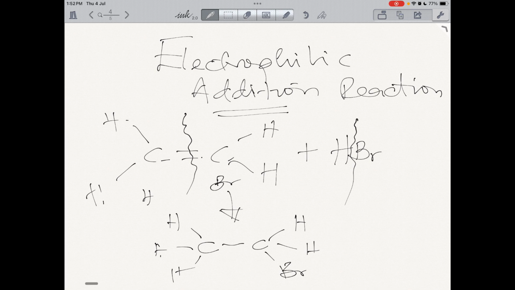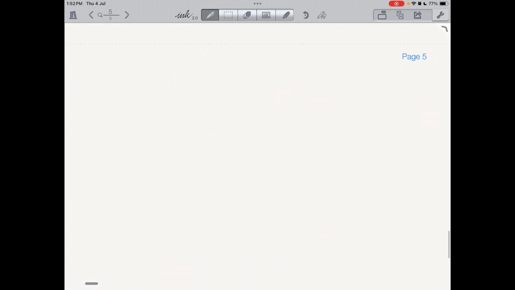Now this is actually a hydrohalogenation reaction, hydrobromination in this case. However, we must be familiar with the mechanism behind this kind of reaction. So, what is actually happening?